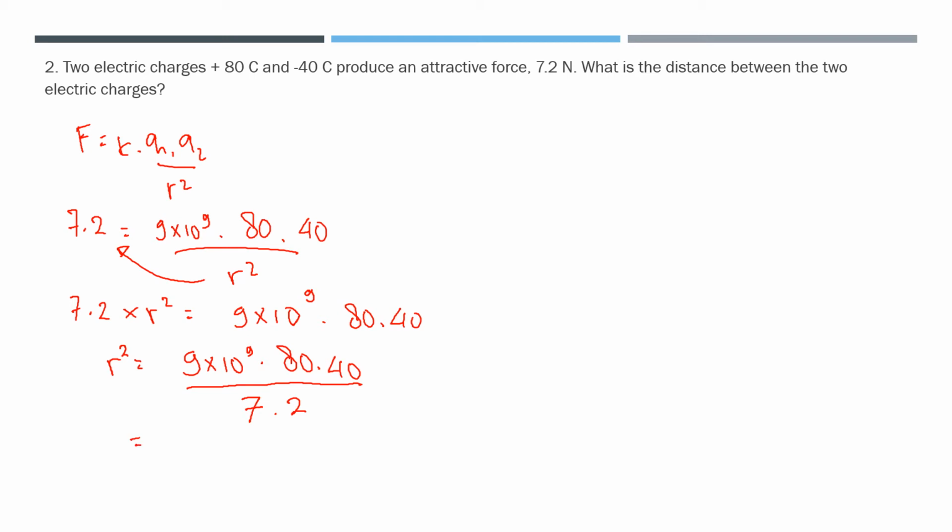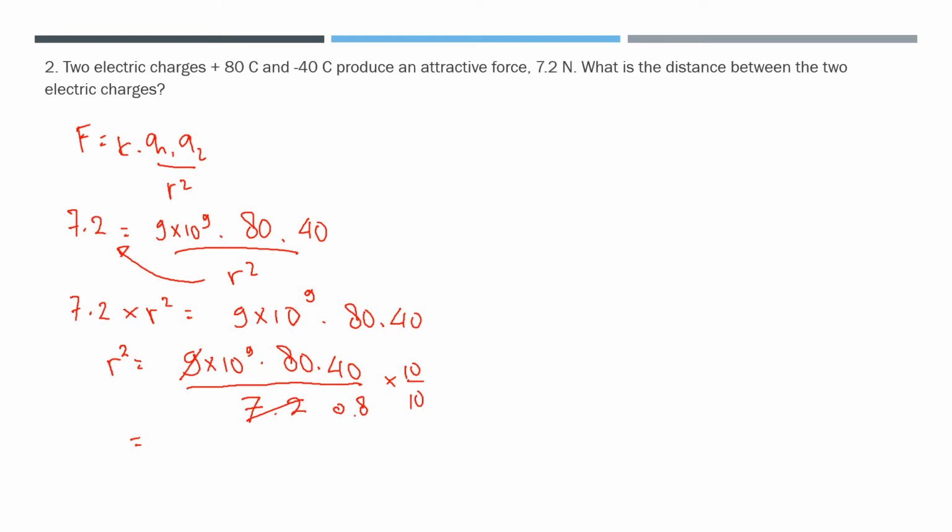How to solve this? I prefer not to use a calculator, so you just divide. You can divide 9 with 7.2. We know that 72 divided by 9 is 8, right? So the bottom one will be 0.8. If you are confused with this, you can multiply by 10 over 10 to eliminate the decimal.